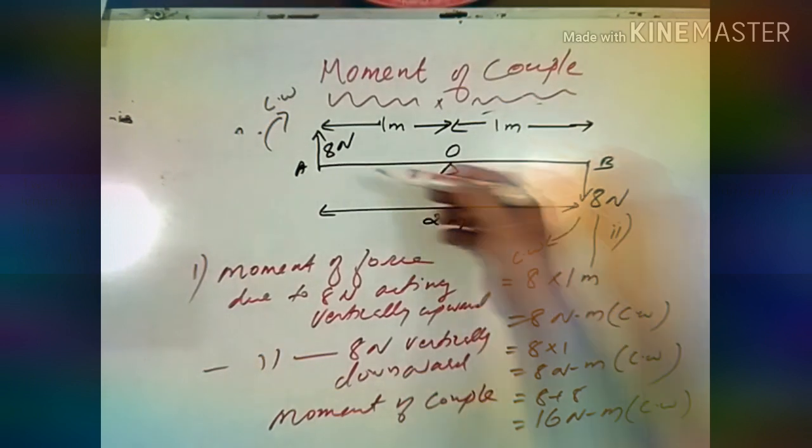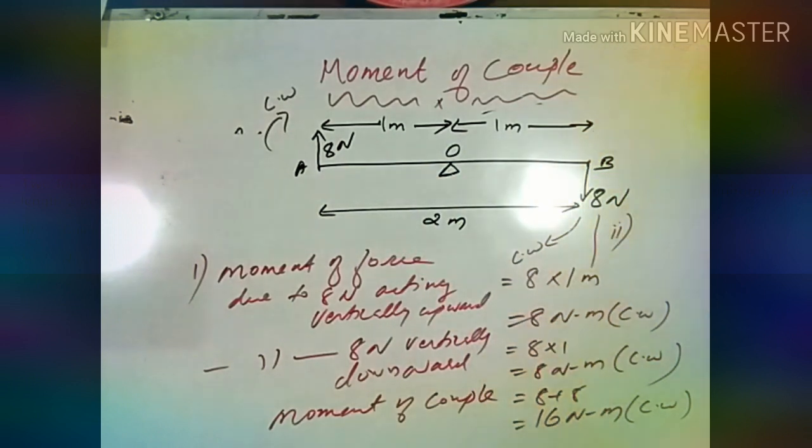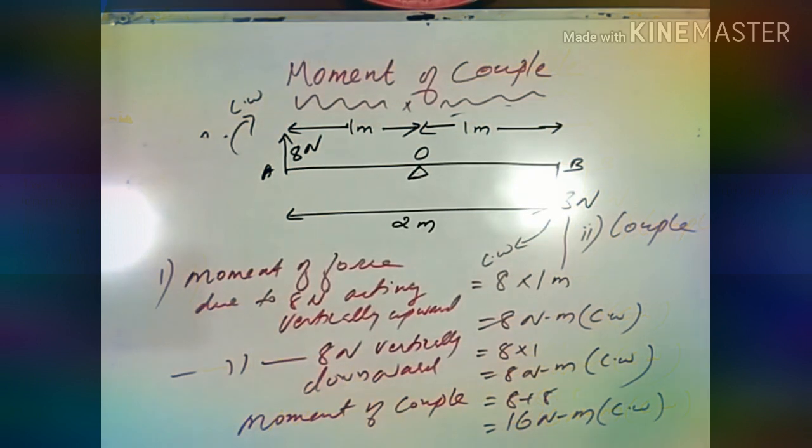Two equal parallel forces not acting along the same line of action constitute a couple. So we can write: two equal, unlike and parallel forces, each 8 Newton, form a couple and produce a rotational effect. A couple always produces a rotational effect. Alright? Steps are clear to you?